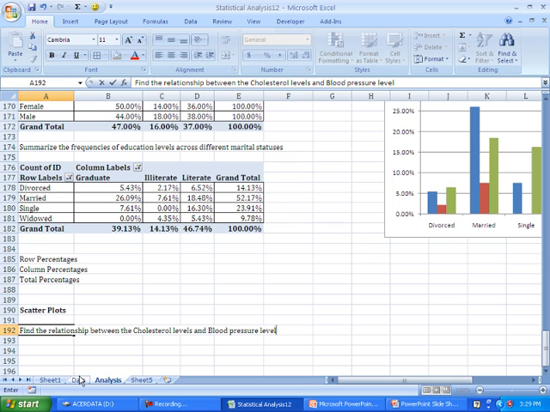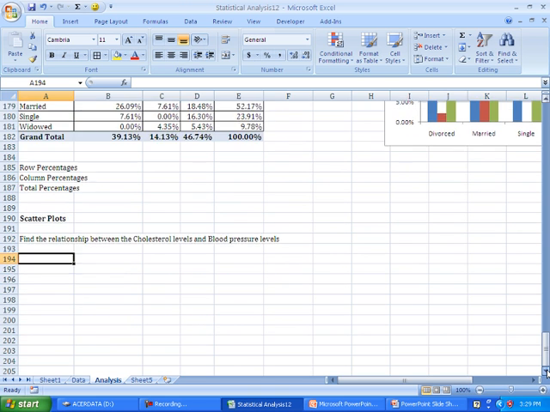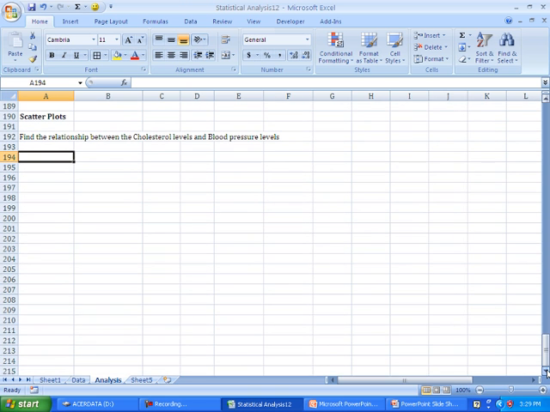Generic relationship between the two scale variables of data. For whatever the set of people whom we have observed, we want to find out the relationship existing between the cholesterol levels and the blood pressure levels.